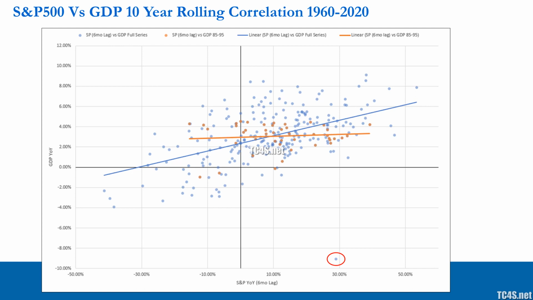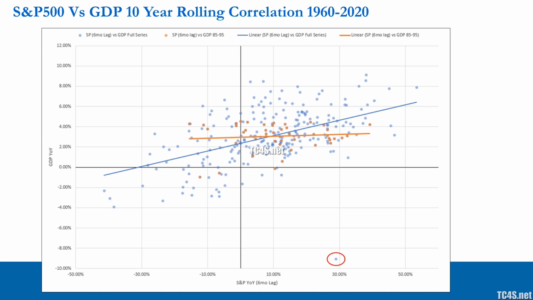What we've also done on this chart is we've taken the period 1985 to 1995 and had a look at this in isolation to try and understand why the correlation was falling from the mid-80s to late 80s onwards, and how and why it was reported to be very, very low in the early to mid-90s.